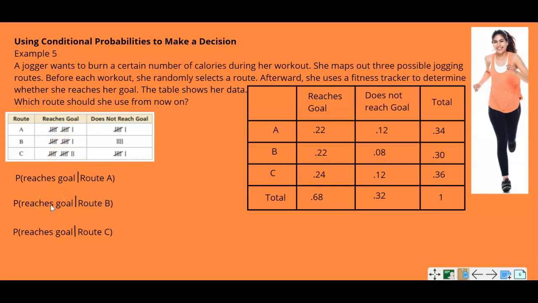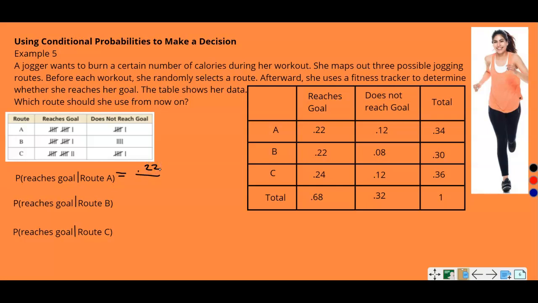So let's get started. To reach her goal, given route A, we're going to use the formula. We want to know the probability of route A and reaches her goal. The probability of route A and she reaches her goal is 0.22.